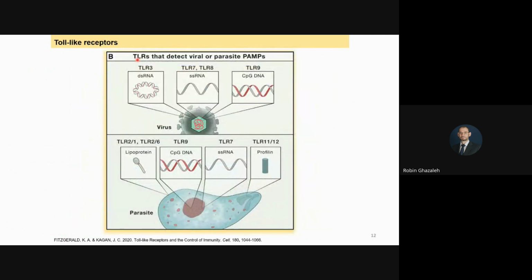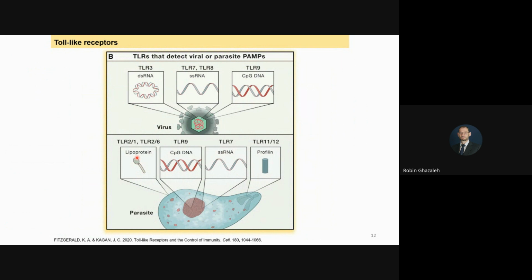So that was looking at bacteria. Toll-like receptors can detect viruses, and they can also detect parasites. Toll-like receptors can detect double-stranded RNA. Some viruses have double-stranded RNA. They can detect single-stranded RNA, ssRNA. Again, they can recognize DNA with a slightly unusual composition.